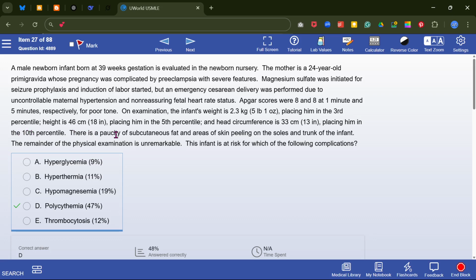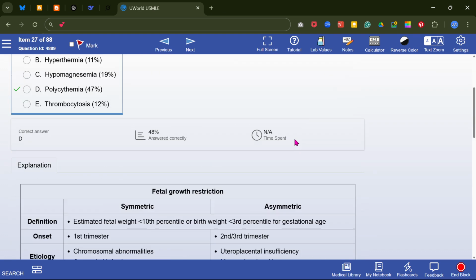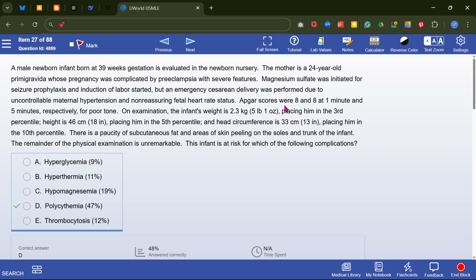There is paucity of subcutaneous fat and peeling skin. This is 39 weeks of gestation, and the mother has preeclampsia with severe features.